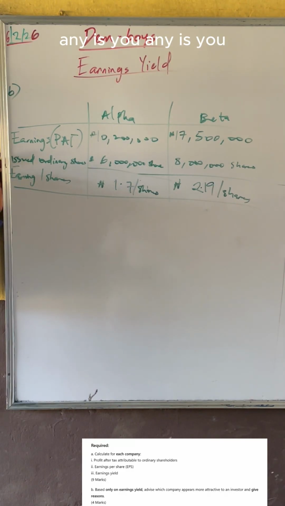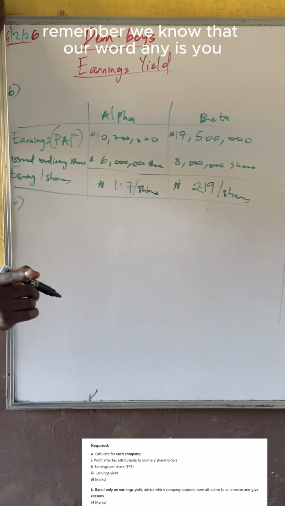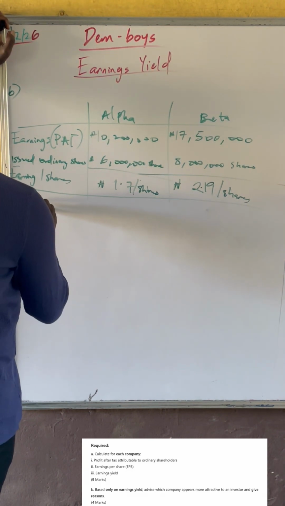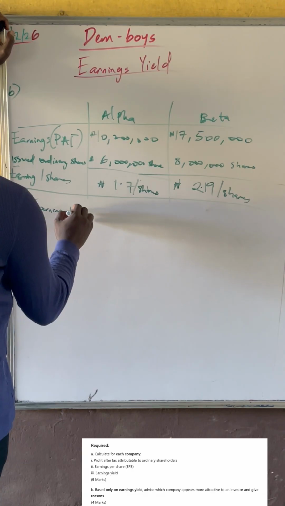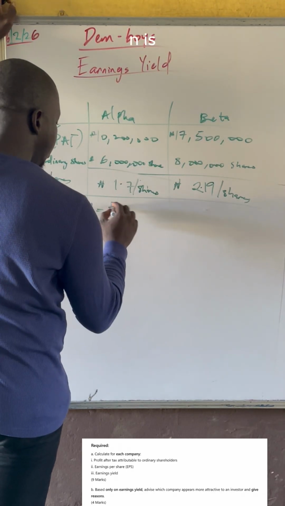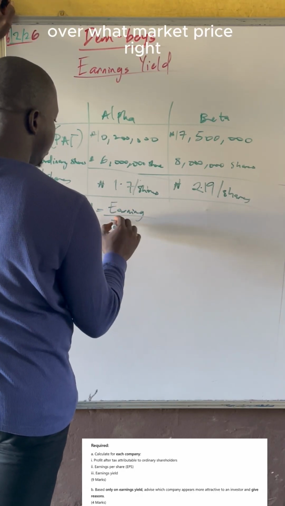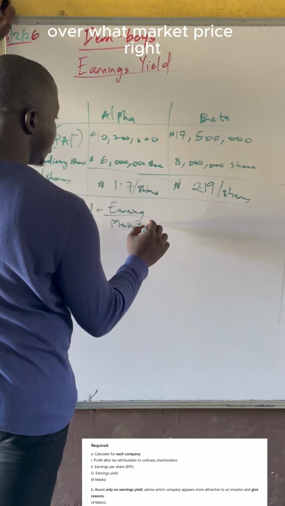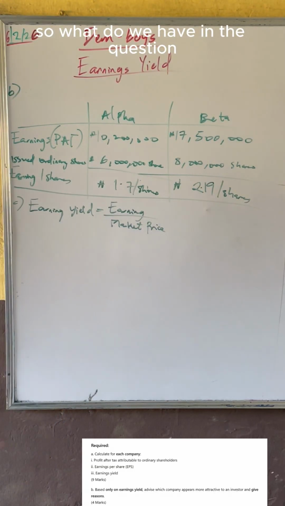Earnings yield. Now for the C. Remember, we know that earnings yield equals earnings over market price. What do we have in the question?